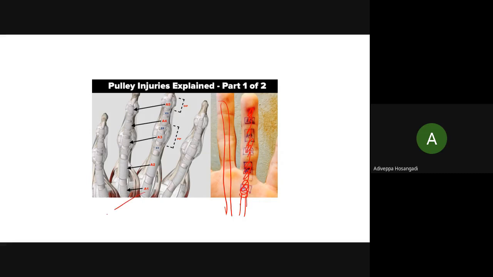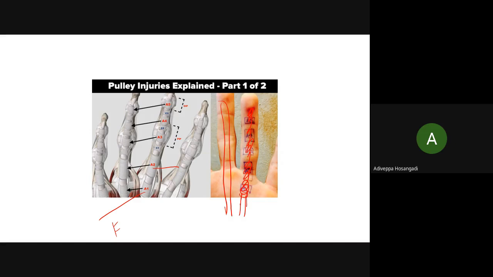This fibrous sheath is like a tunnel for a flexor tendon. Imagine a tunnel where a train keeps moving. It is like a piston or a train going under the tunnel. The tunnel or the bridge is formed by this thickening of fibrous tissue. This tendon underneath glides easily, goes in and comes out easily.